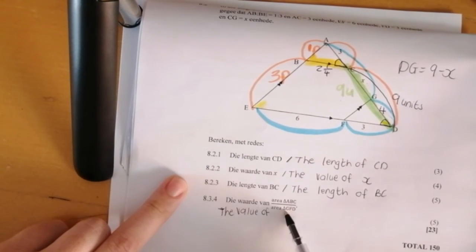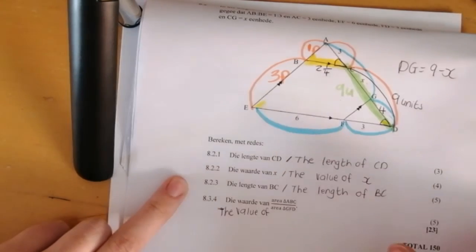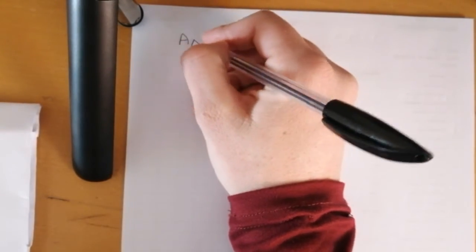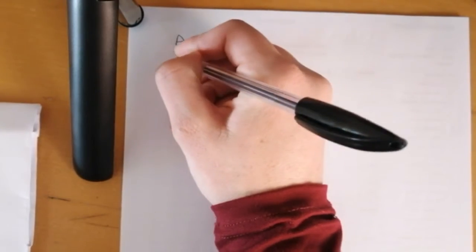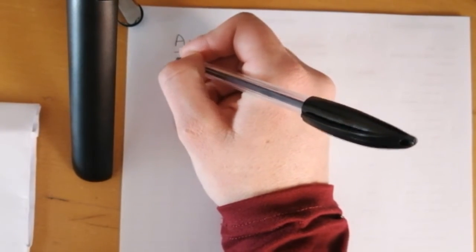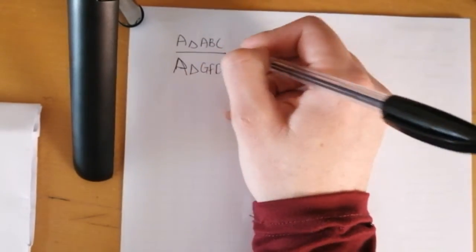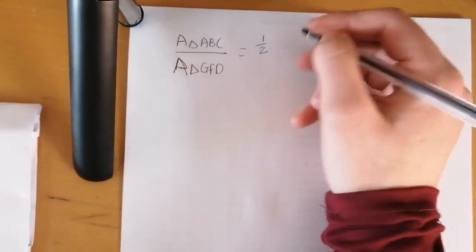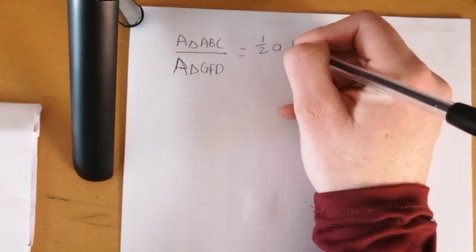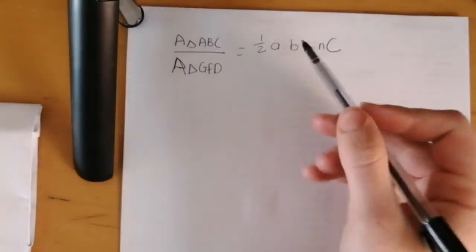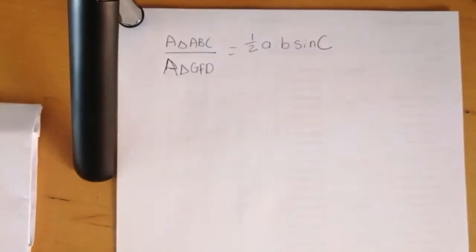So I need to use my area rule. Now, if you guys cannot remember the area rule, the area of triangle ABC over the area of triangle GFD is equal to half side times side times sine C. This is the area rule, just quickly to recap for you guys.